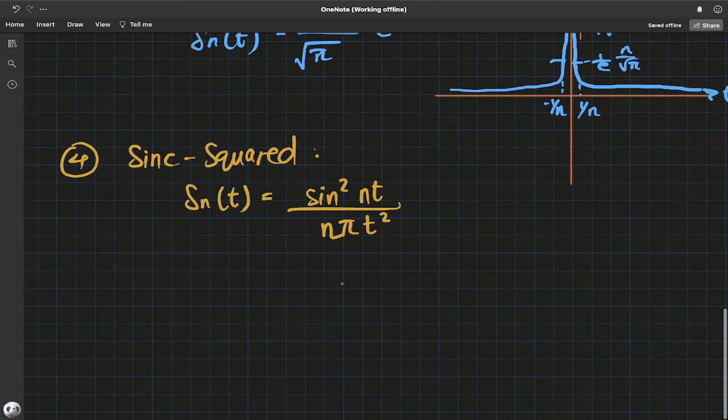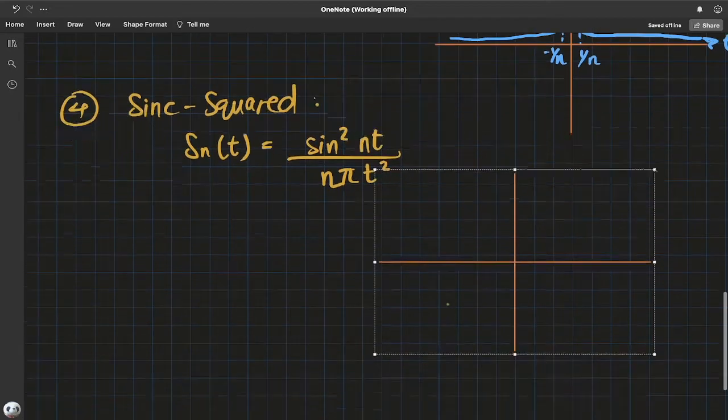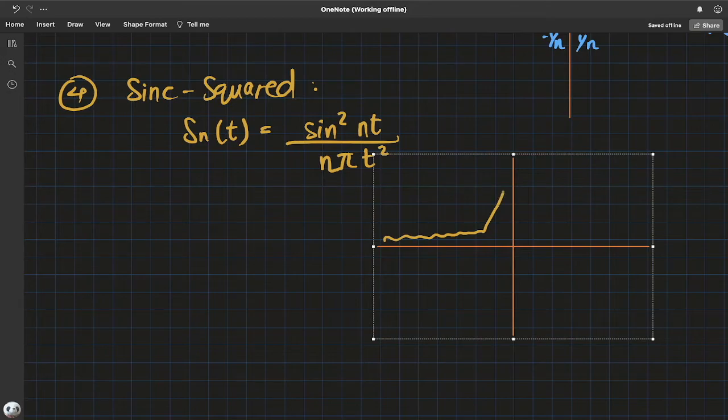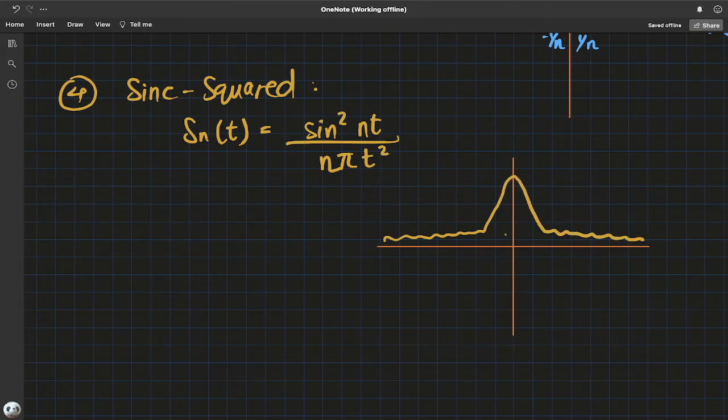Okay, so let me try to graph it again. So we're here. Now since we have a sine squared, we're going to have these positive oscillations. I'm trying to smooth stuff a little bit. This is t.